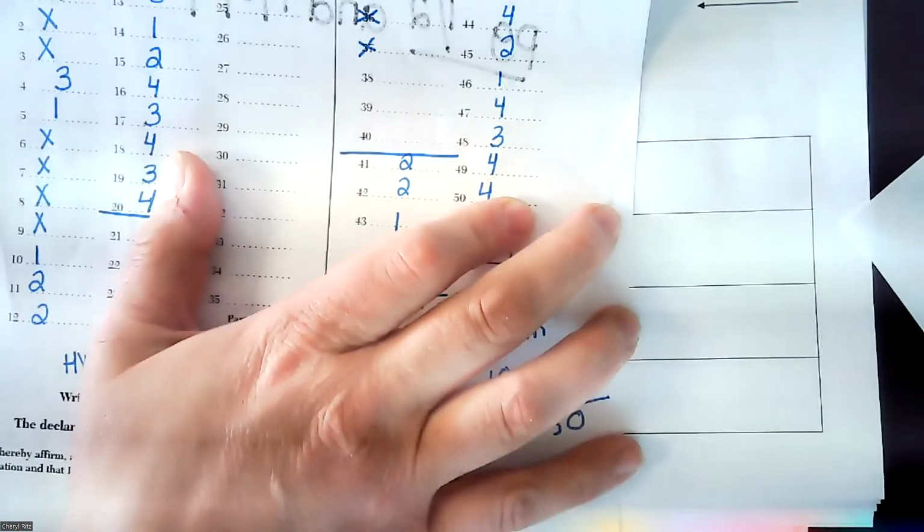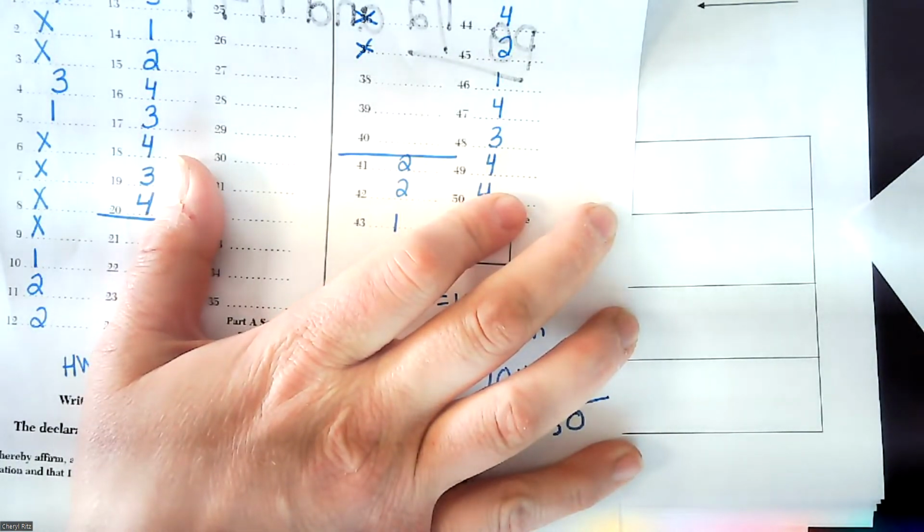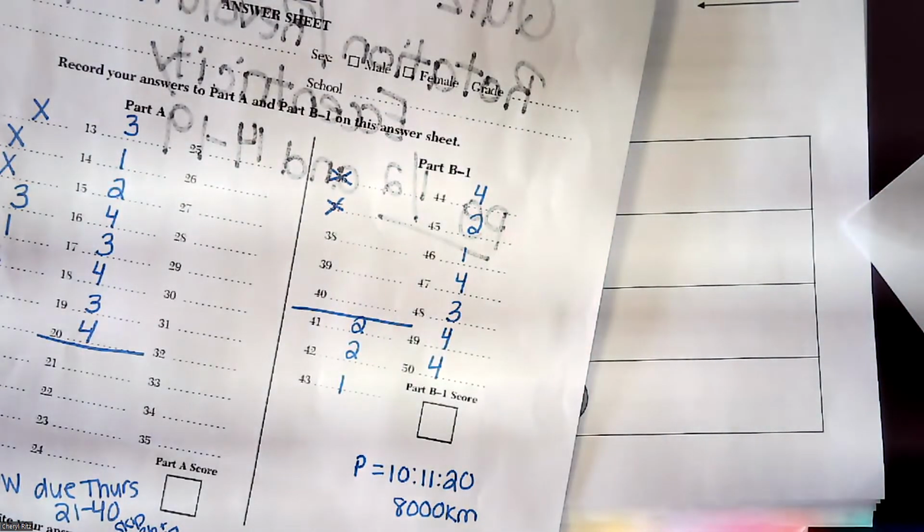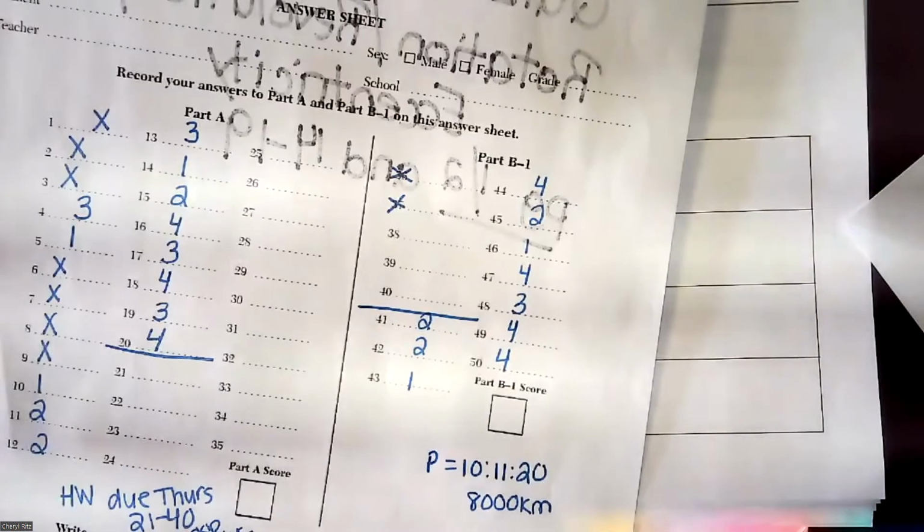Should I go over any of those? 45. Hang on, I seem to have missed. There it is. Did you say 45? Which process is represented by letter F?